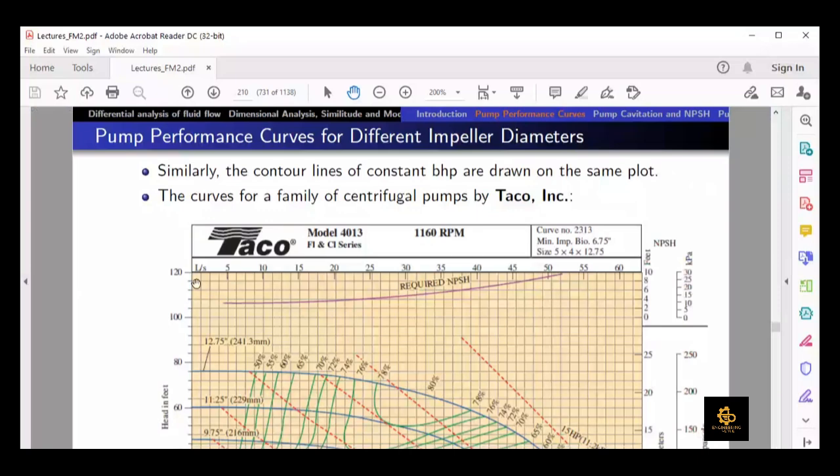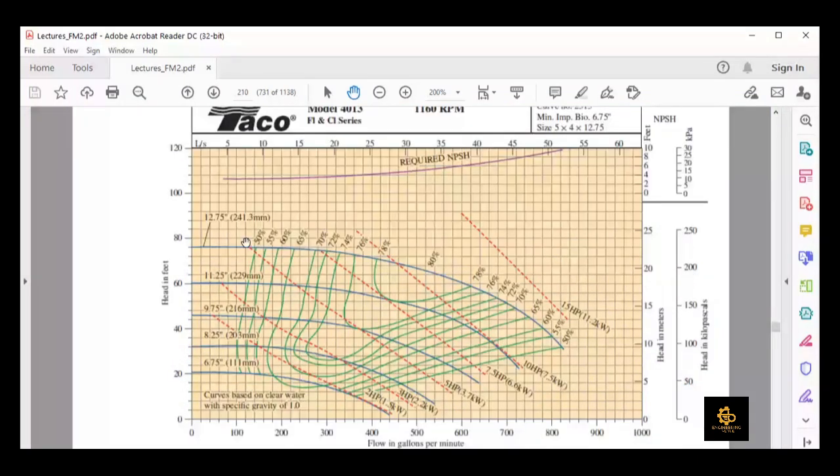Here you can see different curves. These blue lines are the available heads for different diameters. Here it is 12.75 inches, then 11.25 inches, and 9.75 inches, and different blue lines. And then we have brake horsepower red lines which are shown here, and these green lines are the same constant efficiency curves which were shown on the last slide.